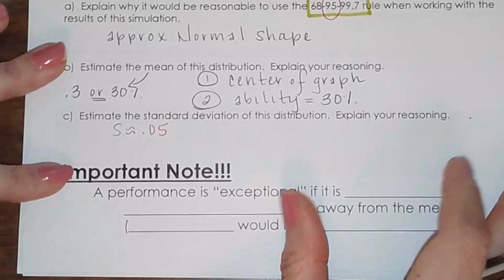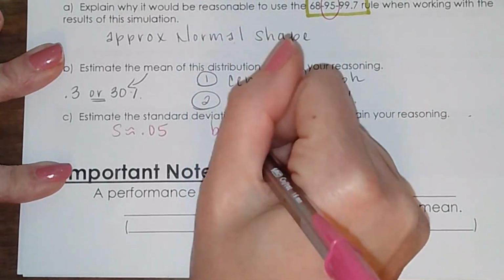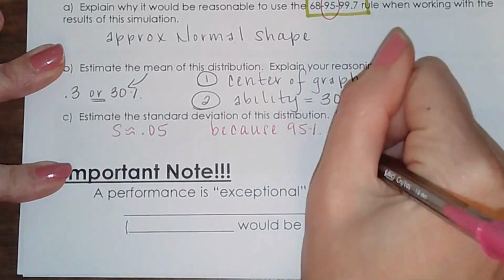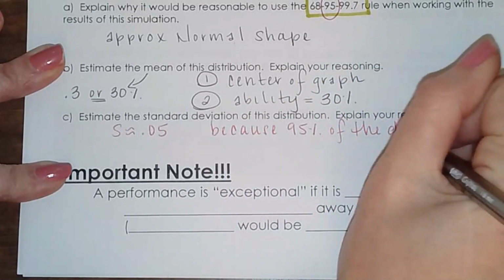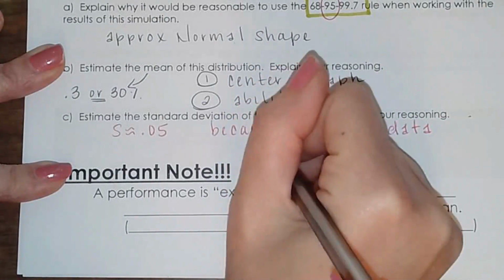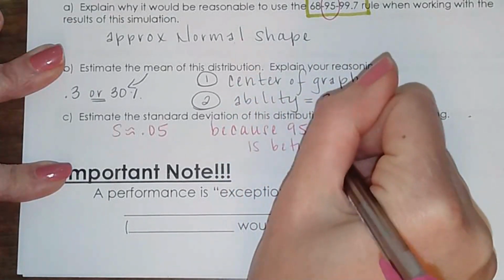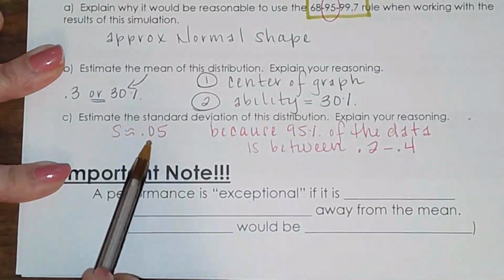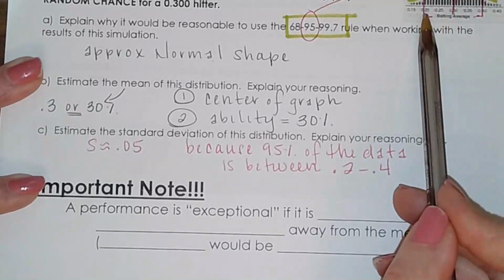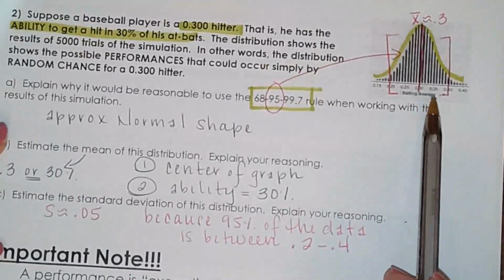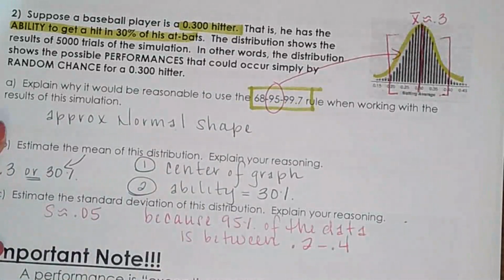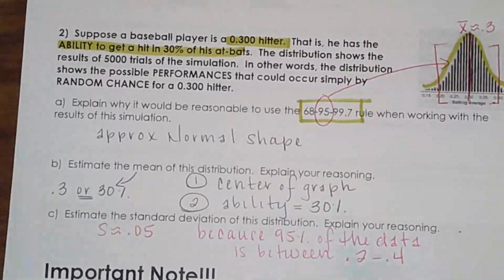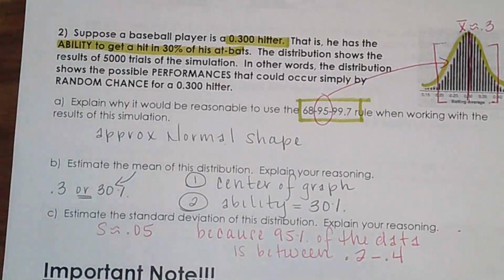Because 95% of the data is in the interval between 0.2 to 0.4. And that would be 2 standard deviations below and 2 standard deviations above if the standard deviation is really 0.05. Okay? And I believe in part 1 of the video notes, you already addressed the important note at the bottom.